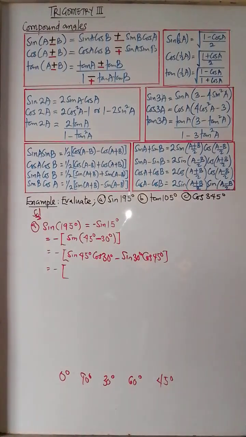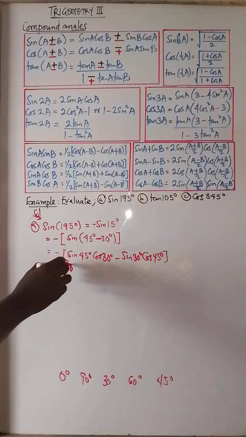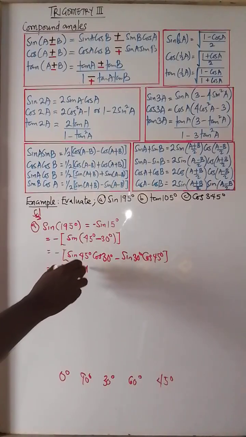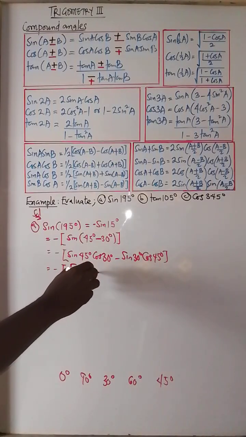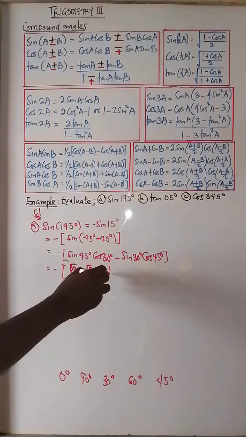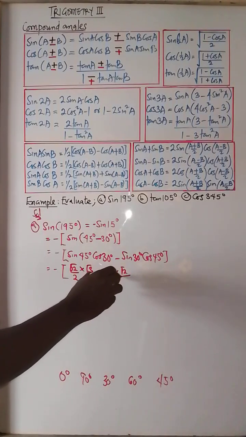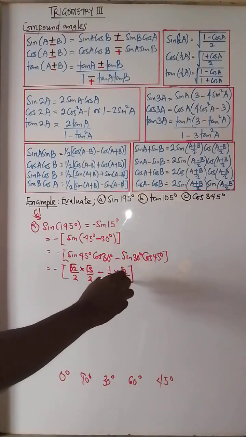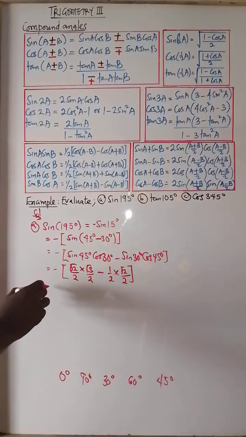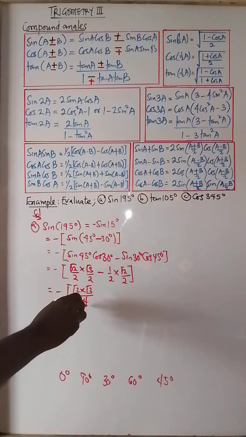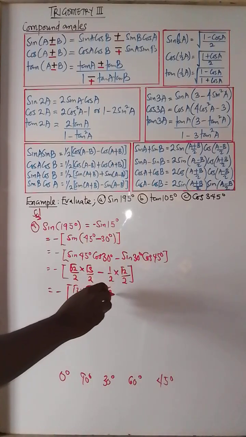Now let's impute the special angles. Sine 45 is root 2 over 2. Cos 30 is root 3 over 2. Minus sine 30 is half. Cos 45 is root 2 over 2. So this is written as negative, root 2 times root 3 over 4, minus root 2 over 4.